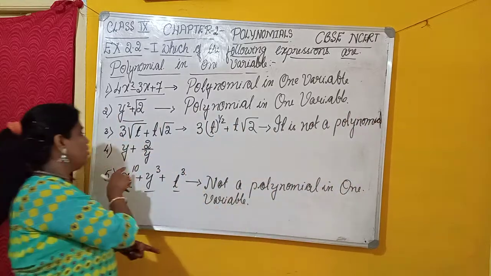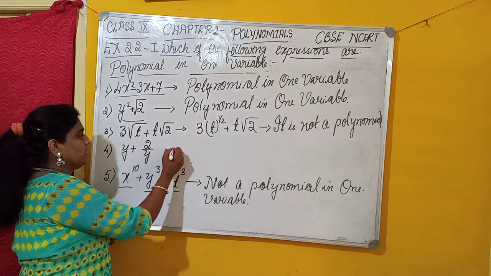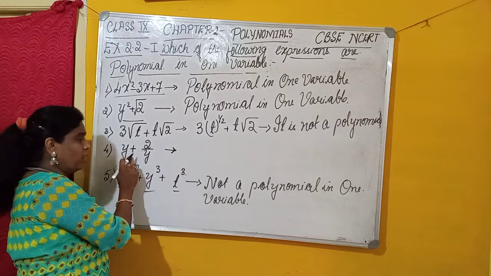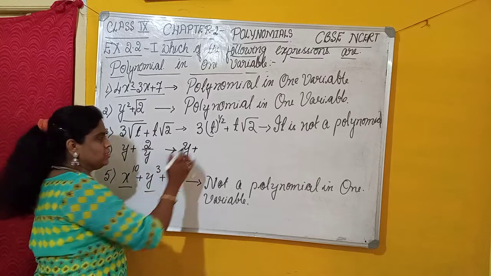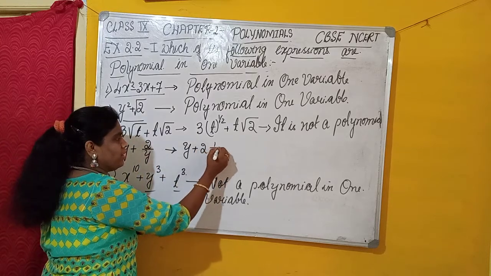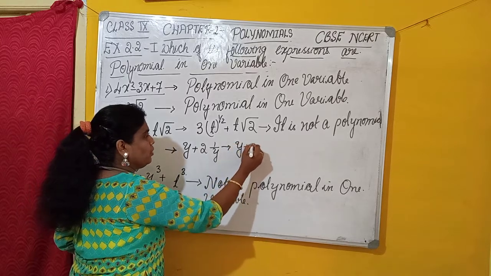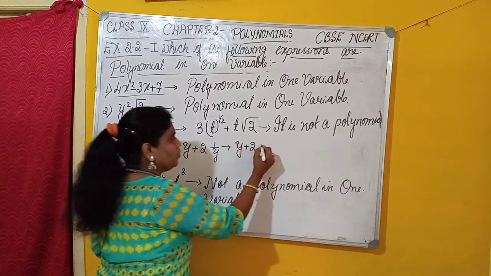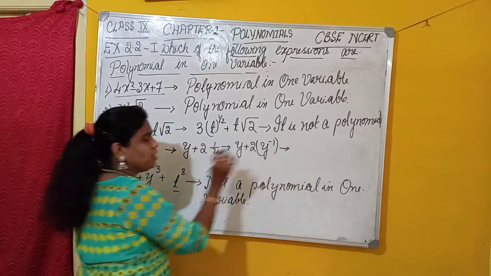Now let us check problem 4. Here also, the variable used is y, and it can be written as y plus 2 into 1 by y, isn't it? That is, y plus 2 into y to the power of minus 1. What happens here?